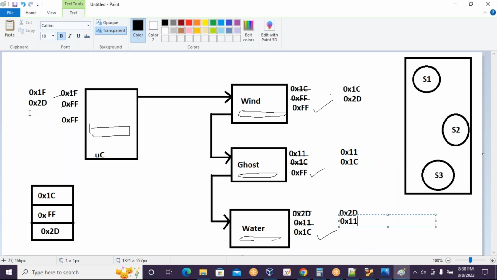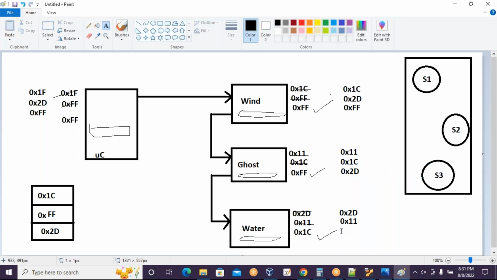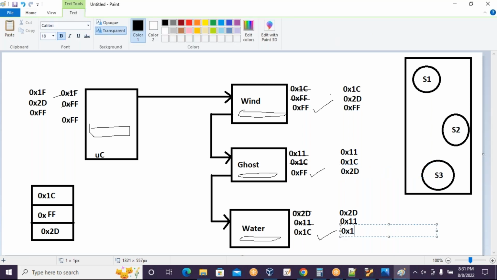Then I'm not done. I will next write 0xFF. Whatever is in the master comes to slave 1, so this ends up getting 0xFF, this ends up getting 0x2d, and this ends up getting 0x1c.